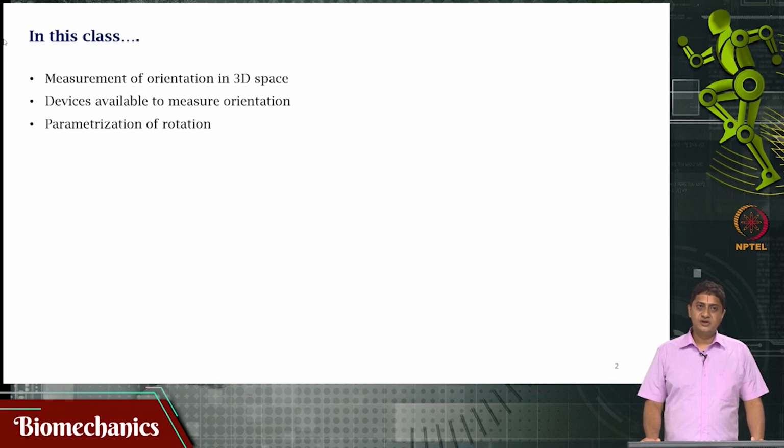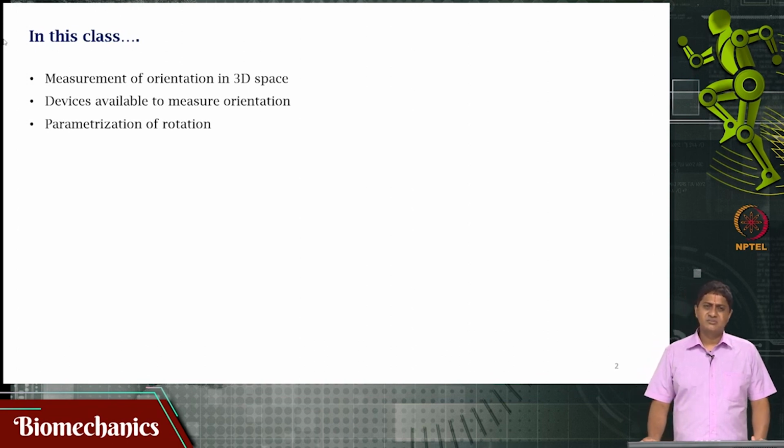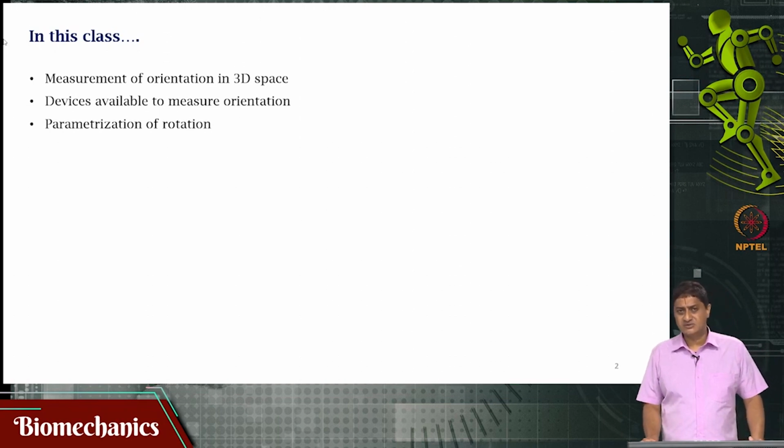So, in this video, we will be looking at measurement of orientation in 3D space, devices that are available to measure orientation, and how to measure, record and compare the information from these, and what kind of measurement techniques are suitable for what kind of experimental situations, and how to parameterize the rotation.